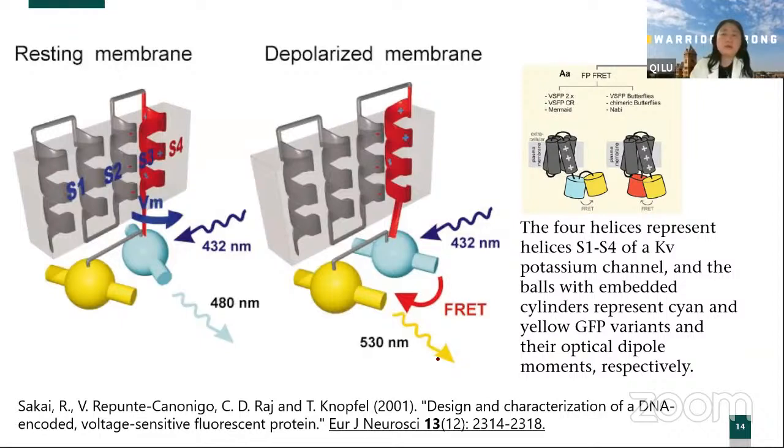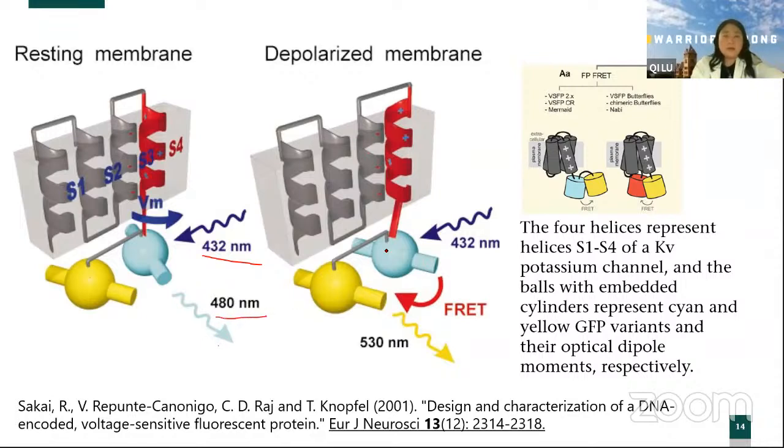Another group uses FRET. At the resting membrane potential, these two parts are far away, so on excitation light it will give out blue light.